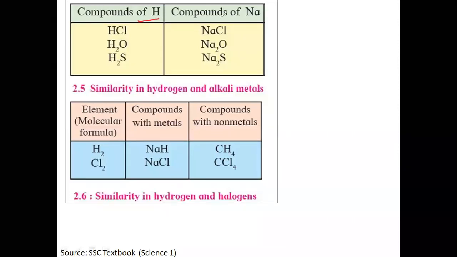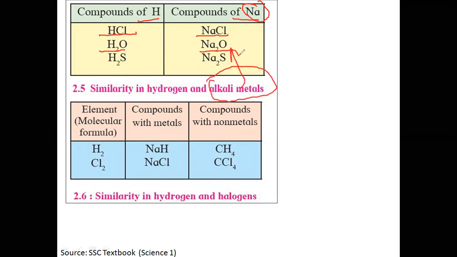This is hydrogen and sodium. Sodium is your alkali metal. Now, as sodium forms the formula NaCl with chlorine, similarly hydrogen forms a similar molecular formula with chlorine, HCl. So the way an alkali metal forms molecular formulas, hydrogen forms similar formulas with the same elements. As you see here, hydrogen with sodium forms NaH.